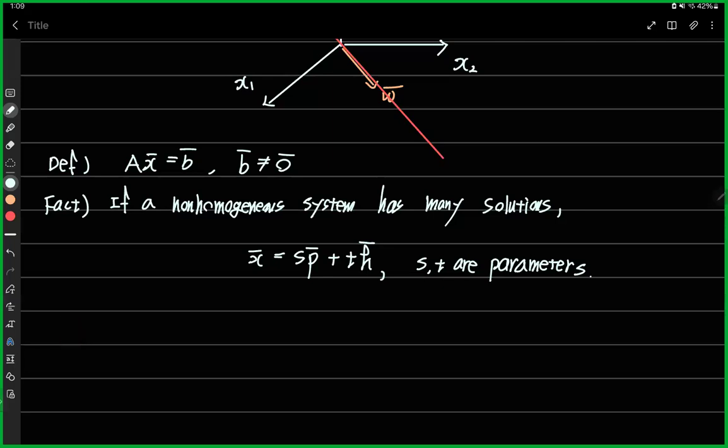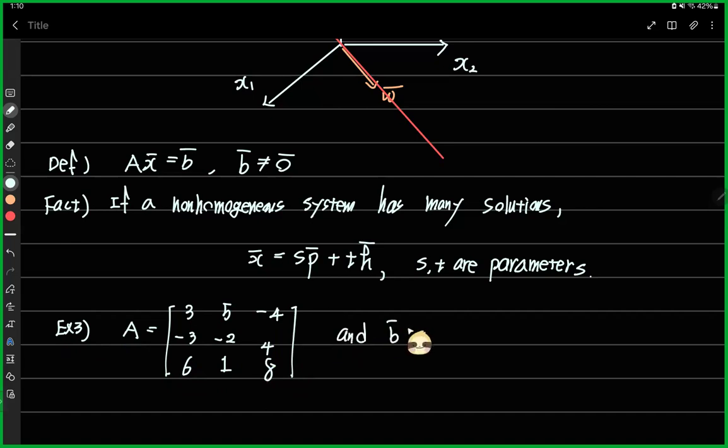The example. That's example 3 in the textbook. So let's say A is 3, -3, 6; 5, -2, 1; -4, 4, 8. And vector b is 7, -1, -4.